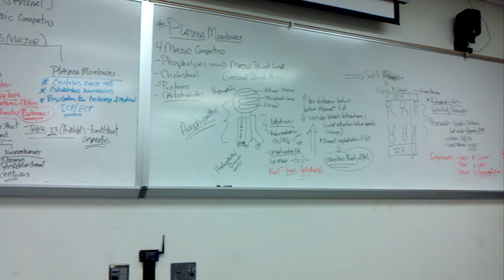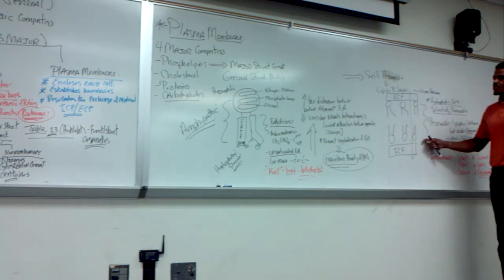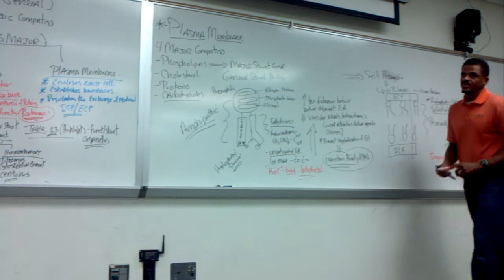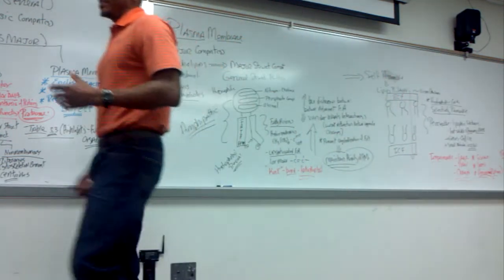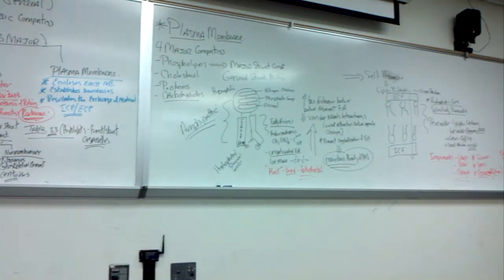Take a look at the phospholipids, the key structural component. Due to their amphipathic nature, they form the hydrophobic core, which will regulate the interaction of material into and out of the cell.